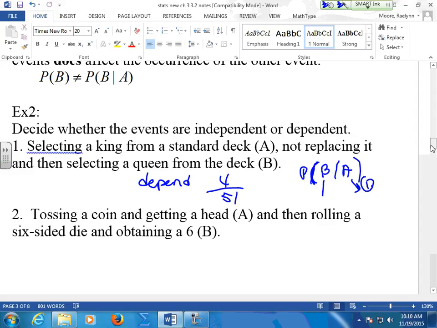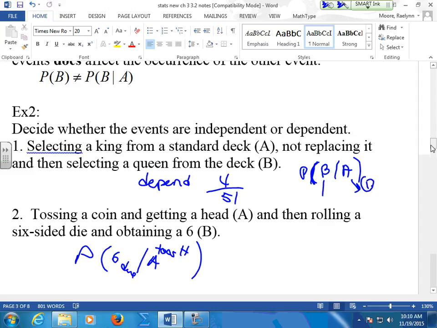Tossing a coin and getting a heads, that's my given. A, this is my toss of the coin, get a heads. And then rolling a 6-sided die and getting a 6. Is this dependent or independent? Independent. One has no effect on the other.